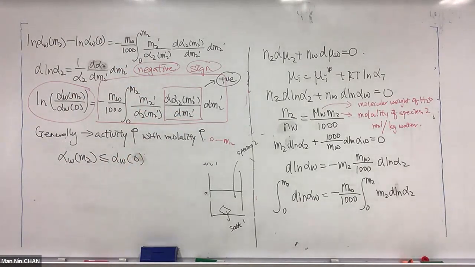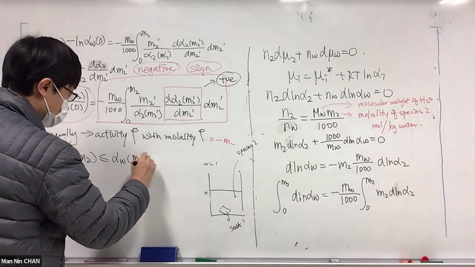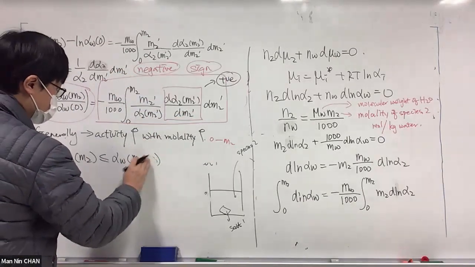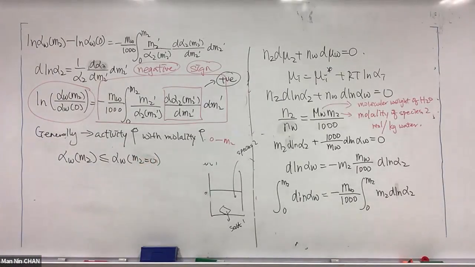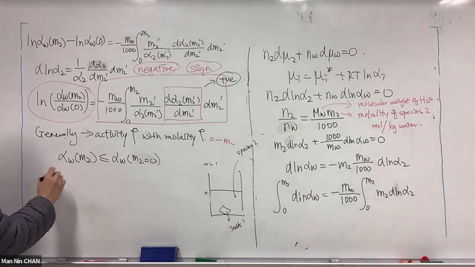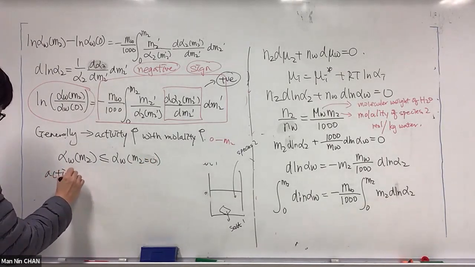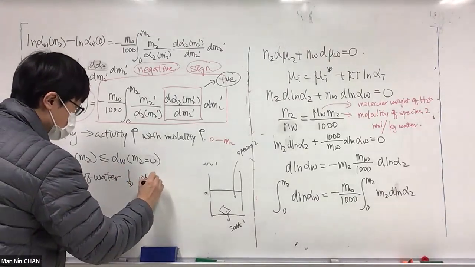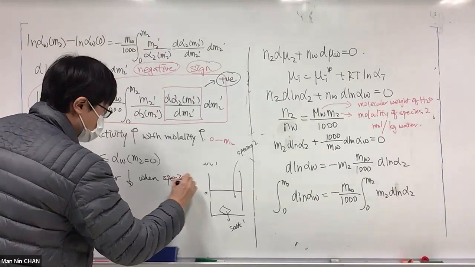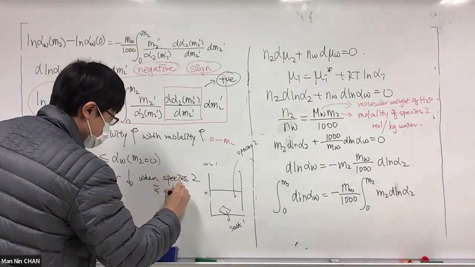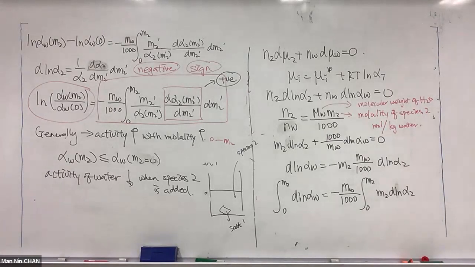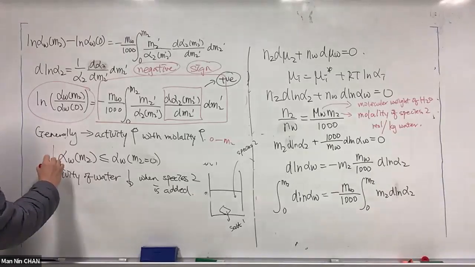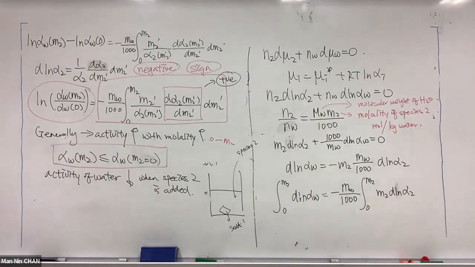Maybe to be more precise, to help you understand, that means the activity of water decreases in this case when species 2 is added. So we have come up with this conclusion: your water activity will decrease when species 2 is added.